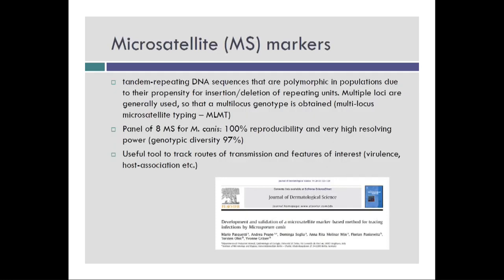The next one, please. All of you know that these markers are widely used to strain type microorganisms because they are highly polymorphic. And since the panel of 8 microsatellite markers we have developed had very high performance, both in terms of reproducibility and resolving power, we thought that it was a useful tool to explore the dynamics of transmission.